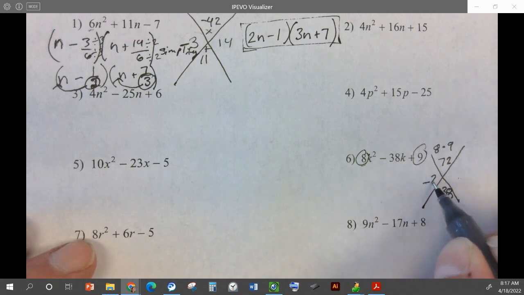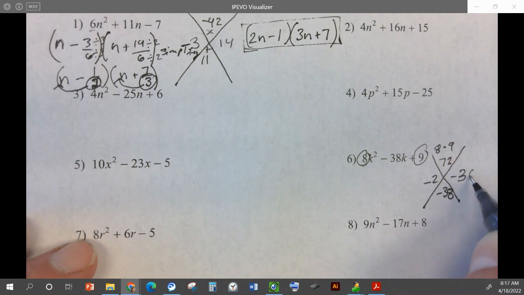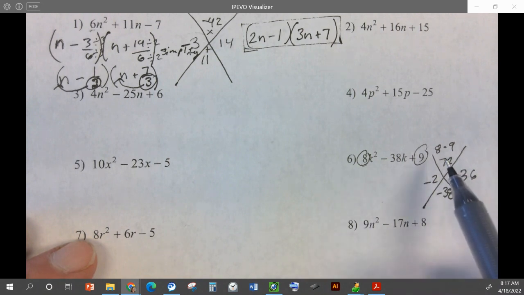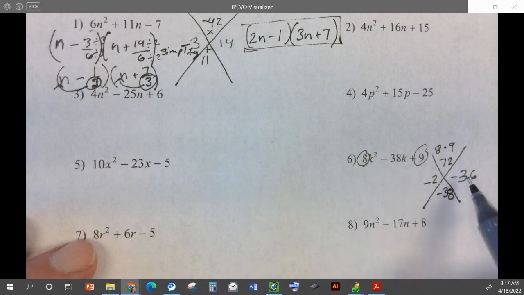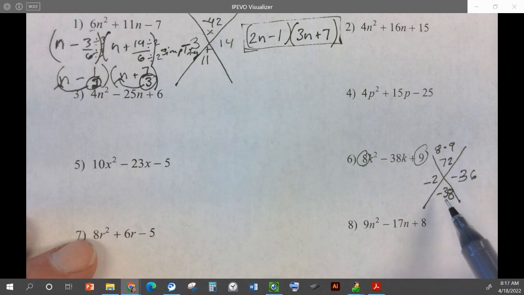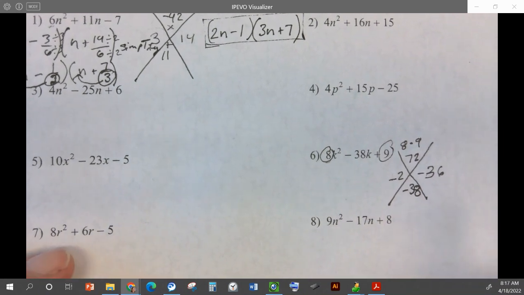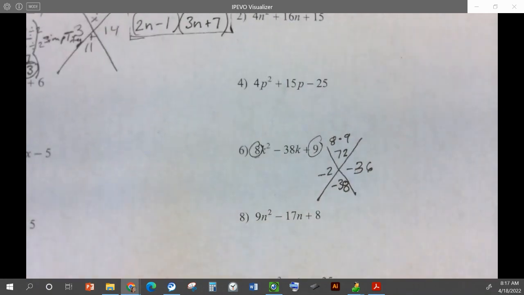Okay, nice. Thank you. So 2 times 36 gives us 72. Two negatives cancel out, give us a positive. And then negative 2 plus negative 38 gives us a bigger negative. Okay, what's our next step? Excuse me.